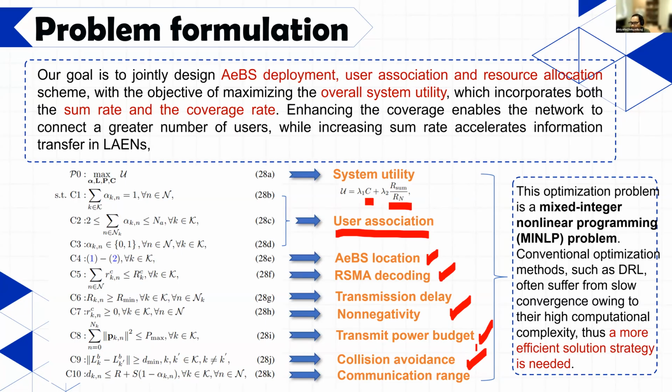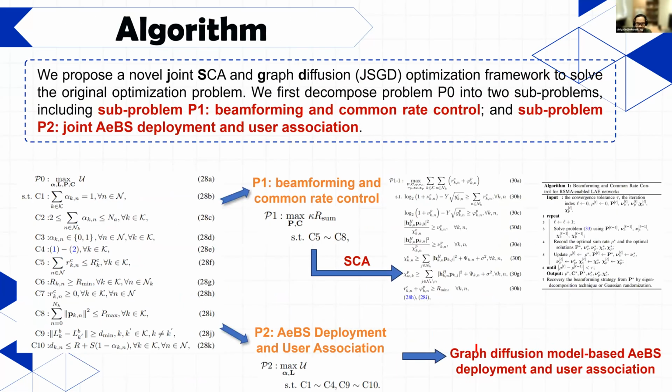Again, conventional optimization methods such as deep reinforcement learning often suffer from slow convergence due to the high computational complexity and complex exploration process. We need a more efficient solution strategy to solve this problem.